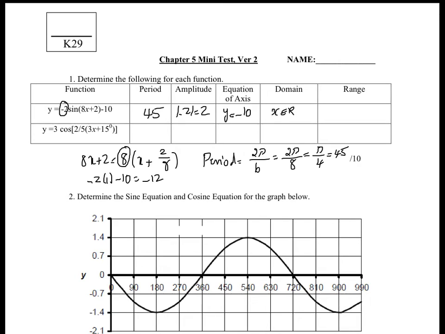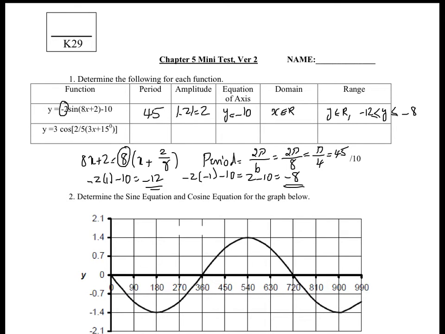And the minimum is when sine x is negative 1, so you get negative 2 times negative 1 minus 10, which is 2 minus 10, which is negative 8. Since negative 8 is greater than negative 12, the range is y in R, with negative 12 less than or equal to y less than or equal to negative 8.